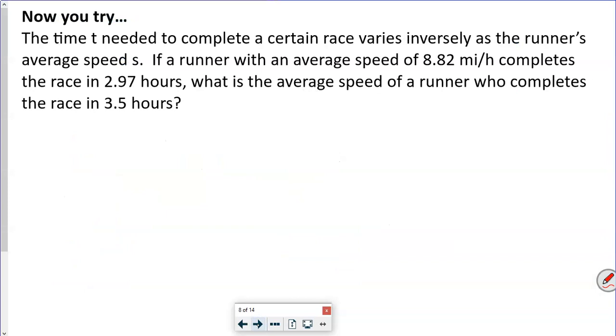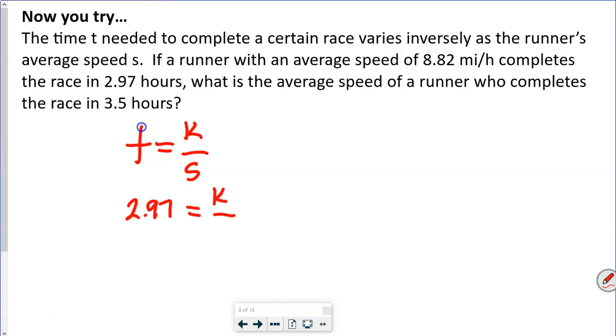So on this one, it says the time t needed to complete a certain race varies inversely as the runner's average speed s. So on this one, we're going to say that time is equal to k divided by s, right? So this time we're given that the time was 2.97, and that's k divided by what?